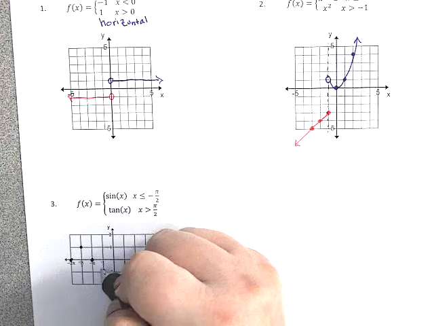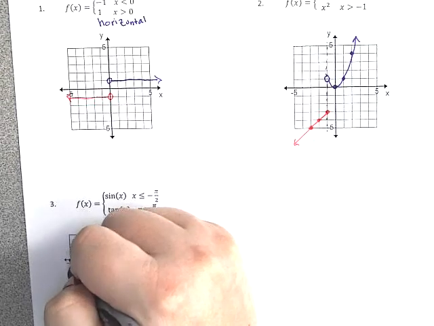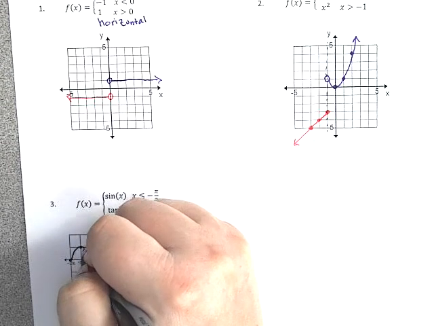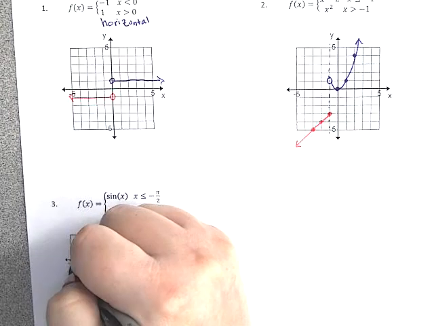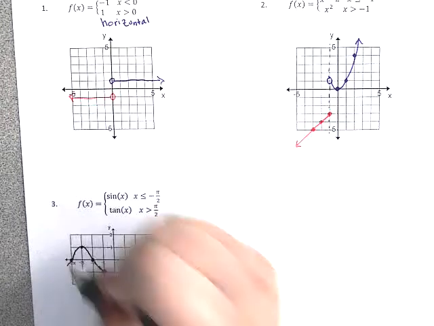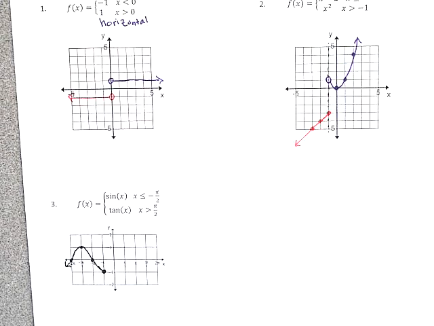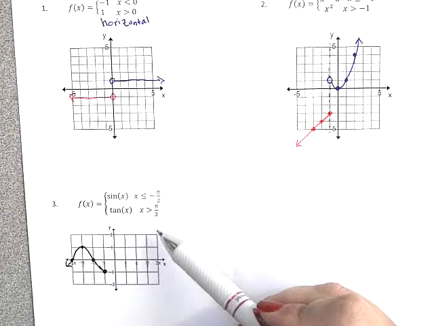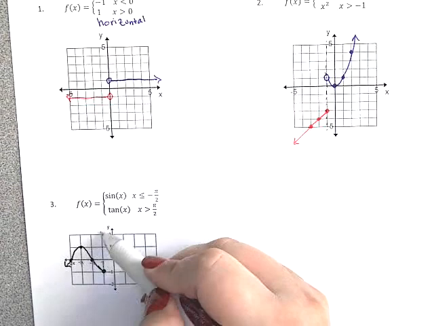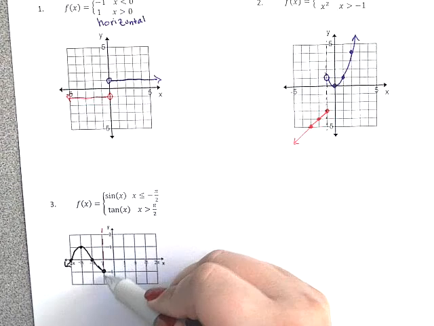So we know that this goes here, and that technically keeps going over here. And then tangent, we know that there is actually an asymptote at π/2. So we're going to draw in our asymptote.